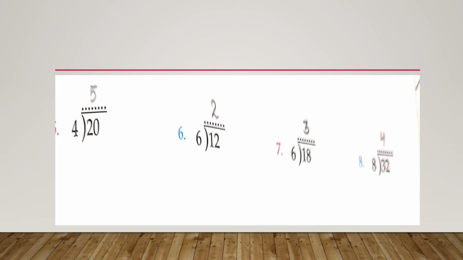Now eighth part, here you have to divide 32 by 8. So read the table of 8 until you get 32. 8 1s are 8, 8 2s are 16, 8 3s are 24, 8 4s are 32. So children, your answer will be 4 and 4 will be your quotient.